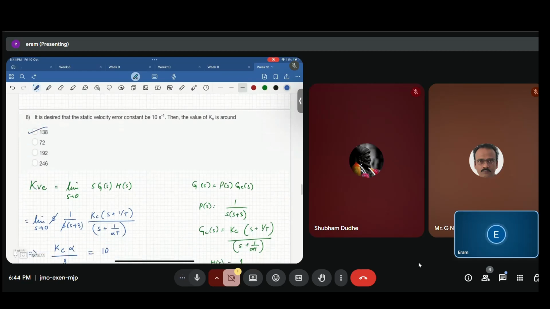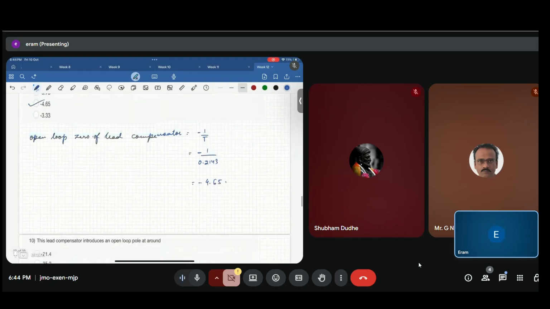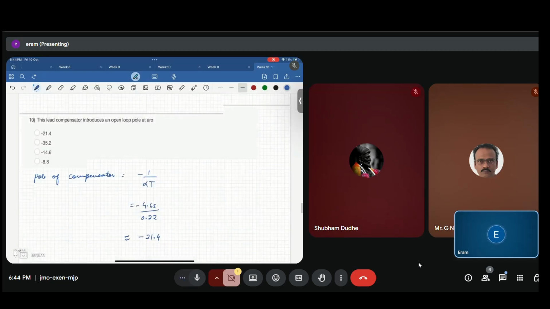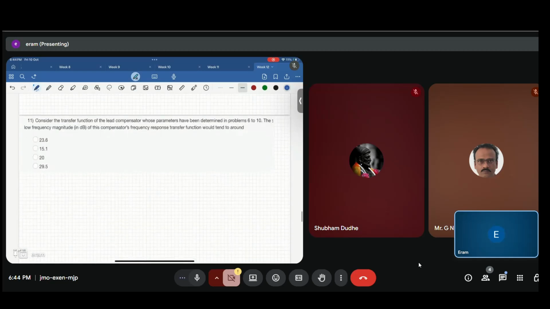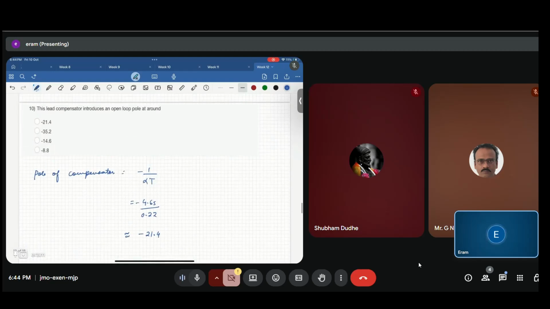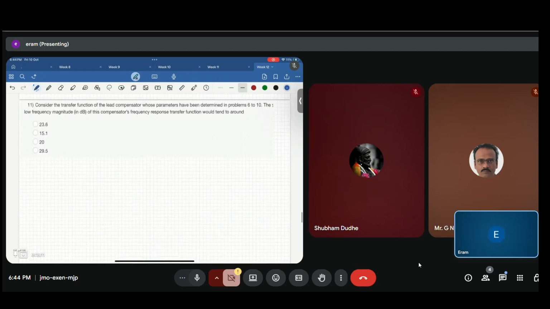So based on these two parameters we have calculated the value of alpha and T. So now we are solving for this alpha and T value. Okay, so the open loop pole will be minus 21.4 for this problem. Now since we have everything with us, again calculate the low frequency magnitude of this compensator.